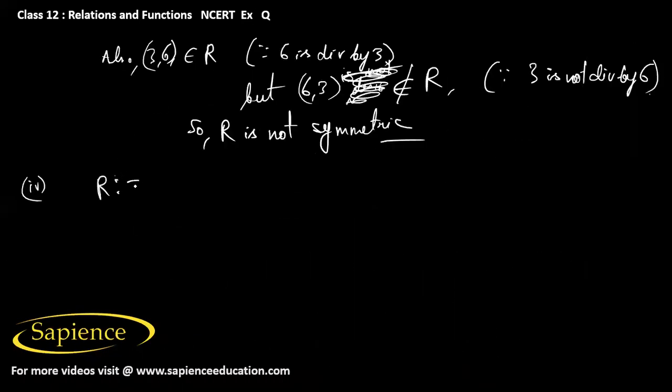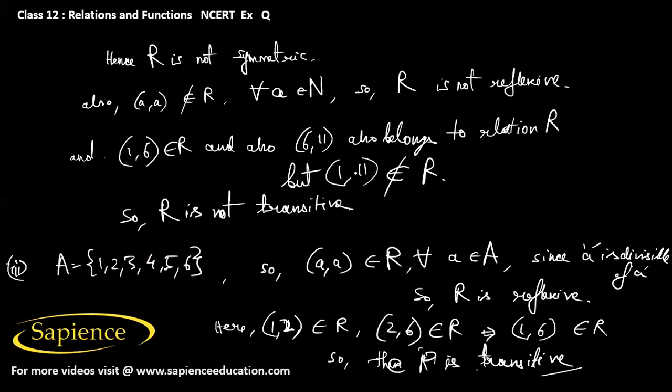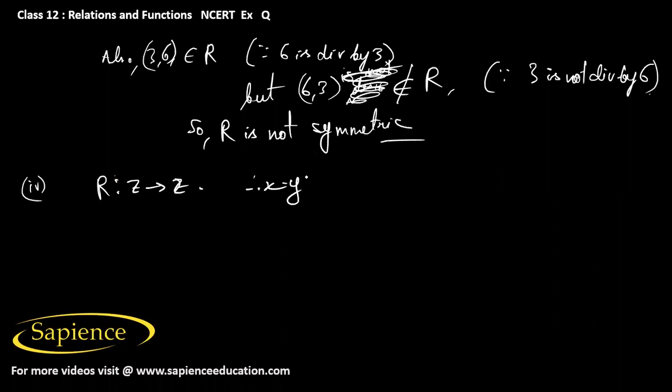So R is a relation from Z to Z. It is on the set Z. So now x minus y is an integer only.